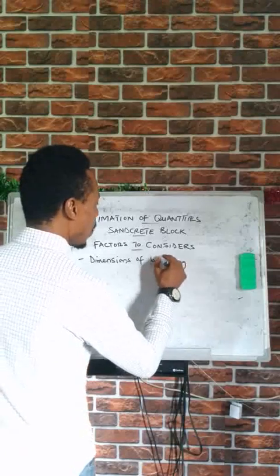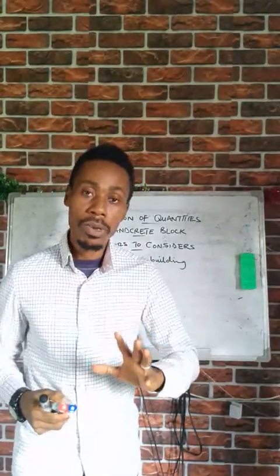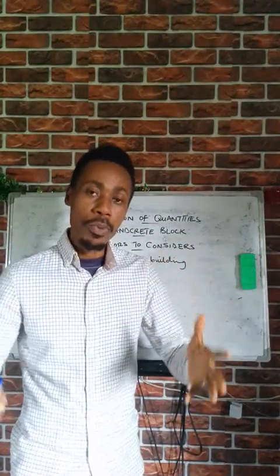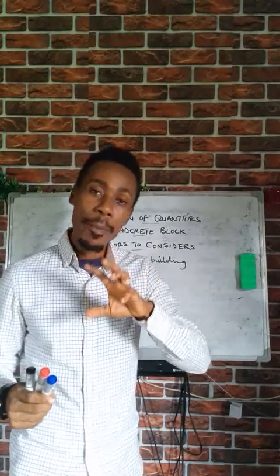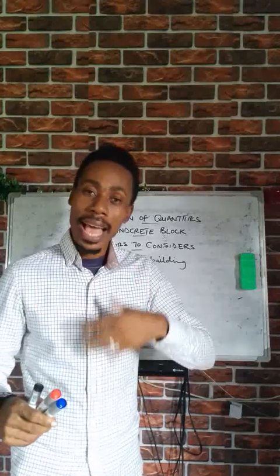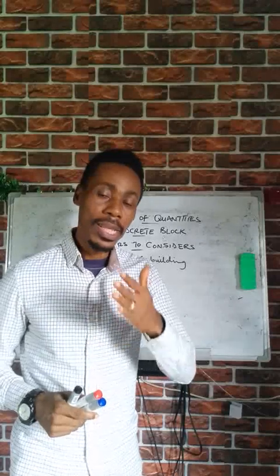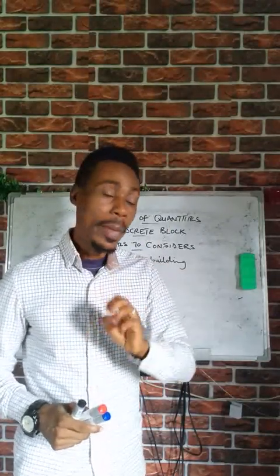If you want to calculate the quantity of blocks that will complete the proposed building, you must know the dimensions of the entire partitions in that building, and that can be visible in your architectural drawing. The dimensions are provided there, so you have to work with those dimensions.